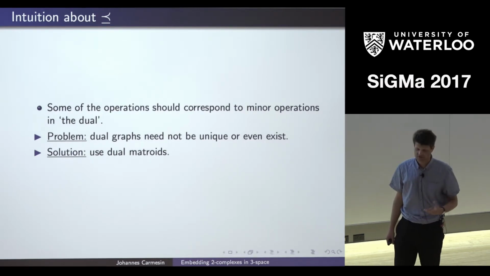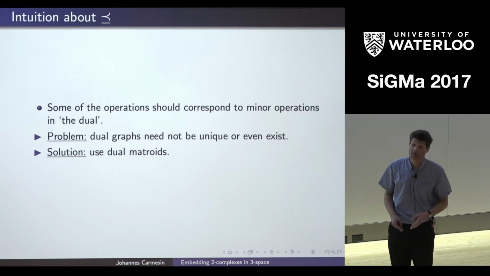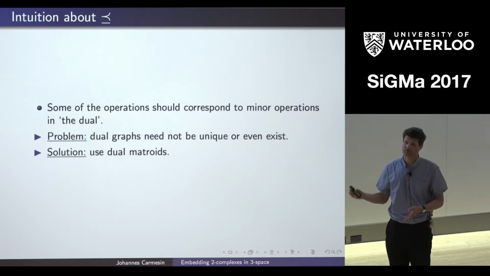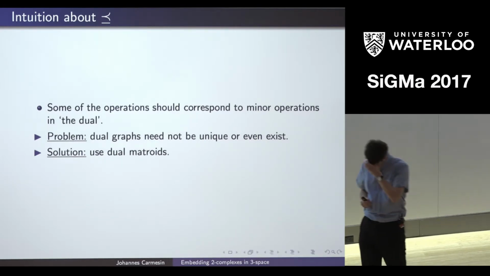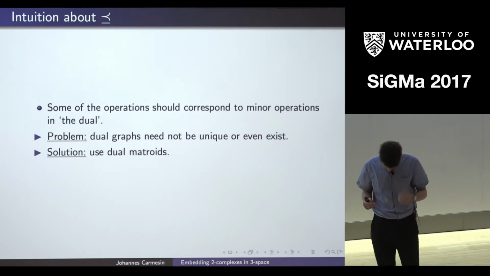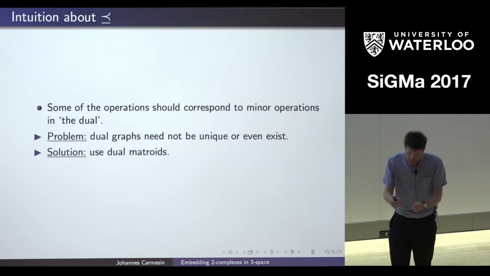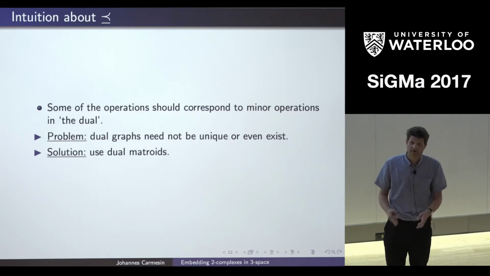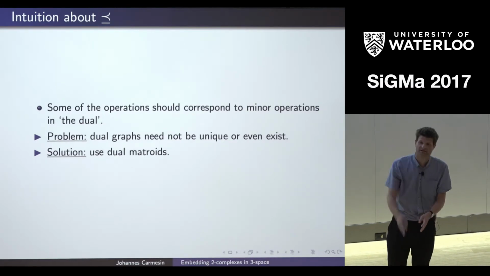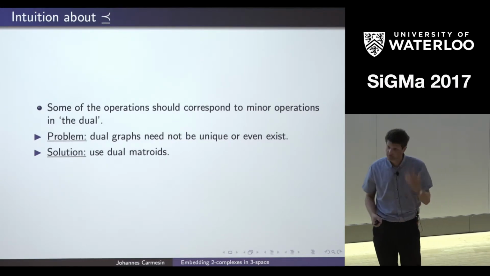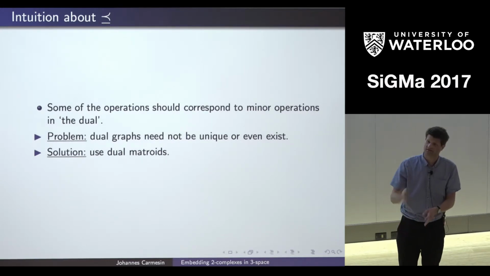And now we just define the minor operations so that they correspond to the minor operations in the dual matroid. So let me make this more precise. Right, so if we contract an edge in the dual matroid, this corresponds to deleting a face in the simplicial complex. Right, so one of our operations is deleting faces.